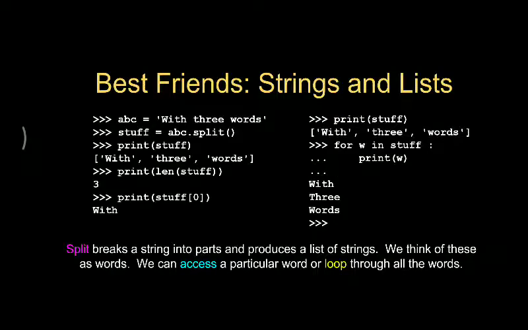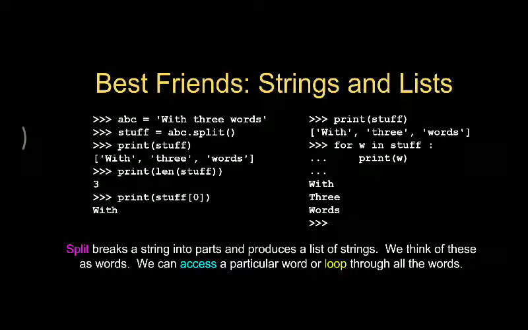Best friends. So nothing but here in this, strings and list. So how strings and list combinedly we will use. There is one example, abc equal to with 3 words, stuff equal to abc dot split. That split will separate all 3 words, that is with, 3 and words. Print stuff will create one list called stuff, which takes 3 elements: with, 3 and words.